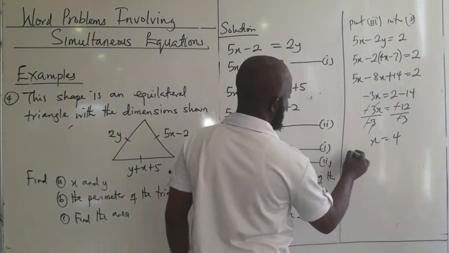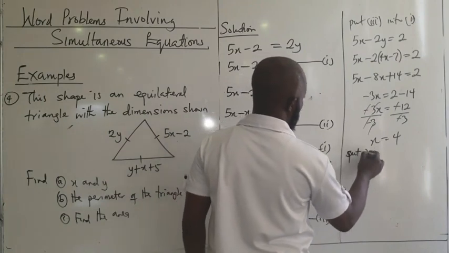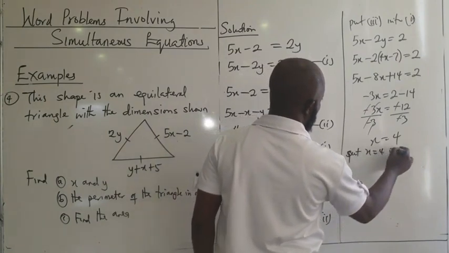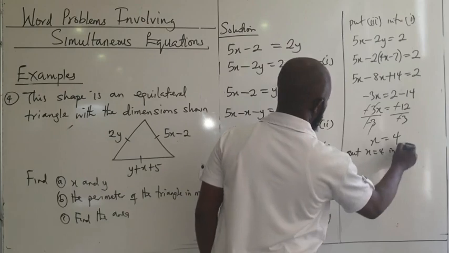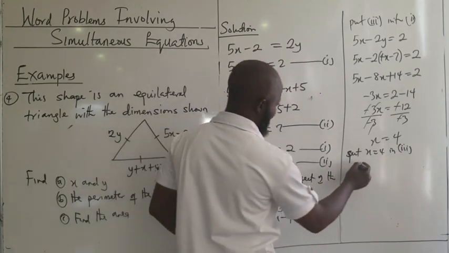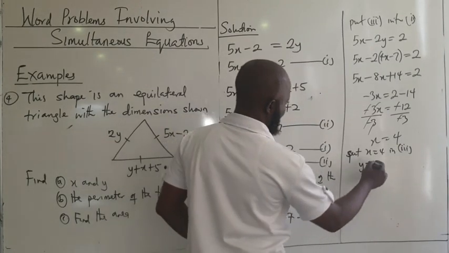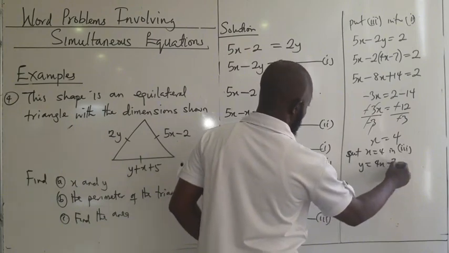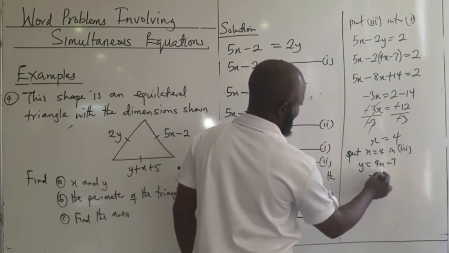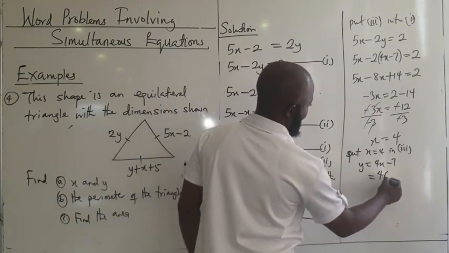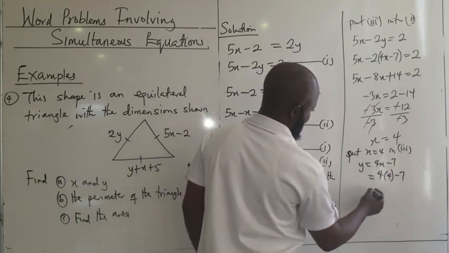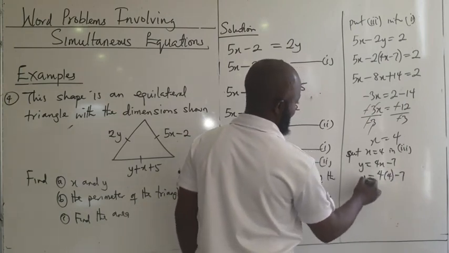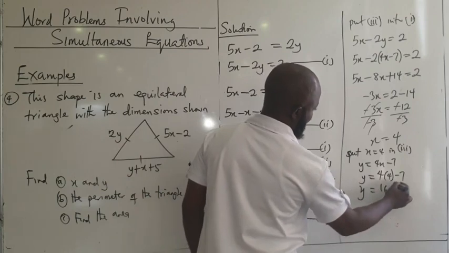So we then substitute or put x equals to 4 in 3. So where is 3? That is y equals to 4x minus 7. So that means 4 into 4 minus 7. So 4 into 4 is 16 minus 7.